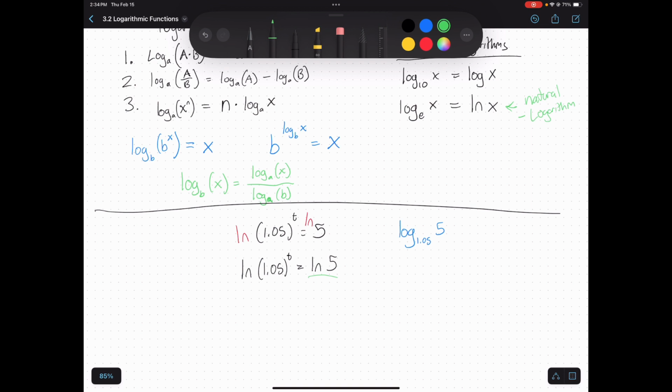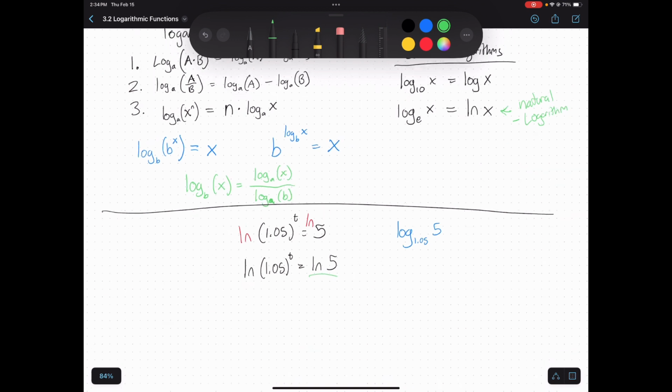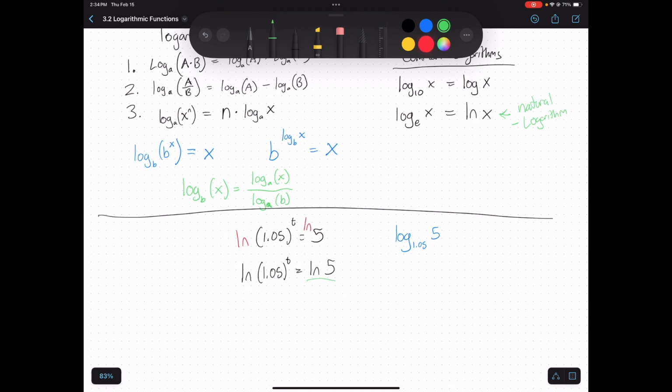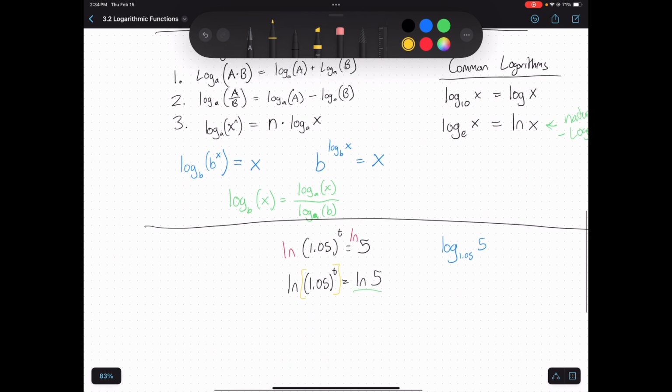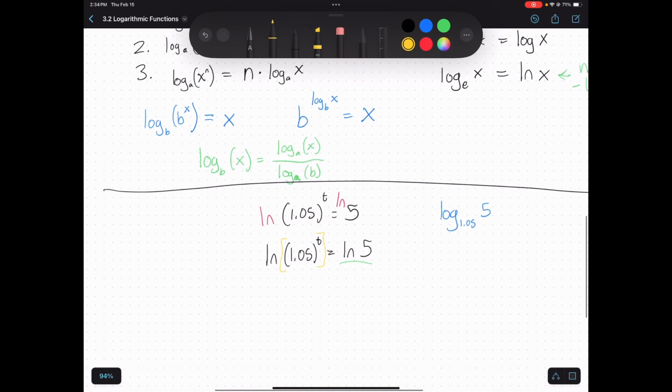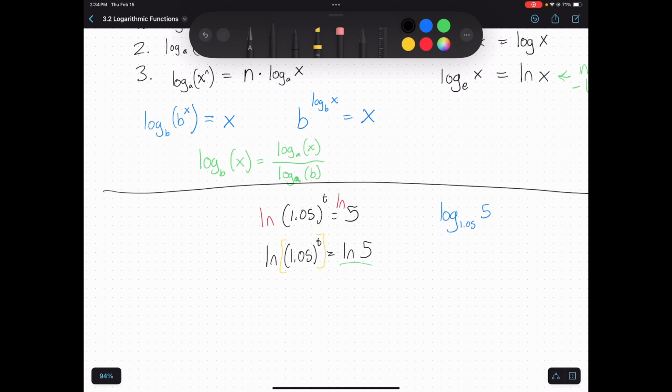Well, on the left side, I have the natural log of 1.05 raised to the t. And just to be clear, this whole thing is inside of my natural log. Well, knowing that, I can use logarithm property number 3. Since I have an exponent inside of my logarithm, I can pull that exponent out.